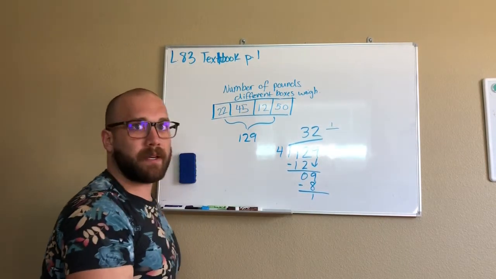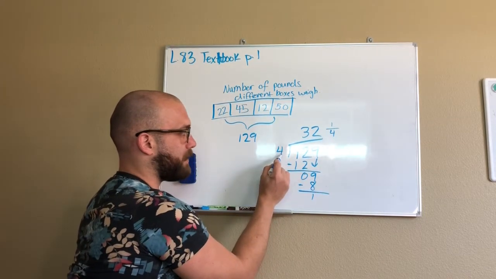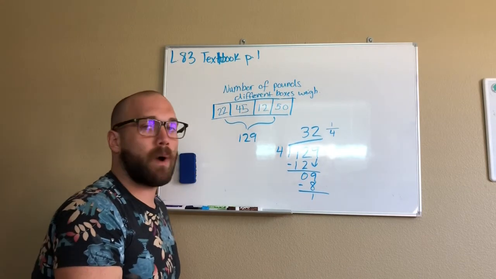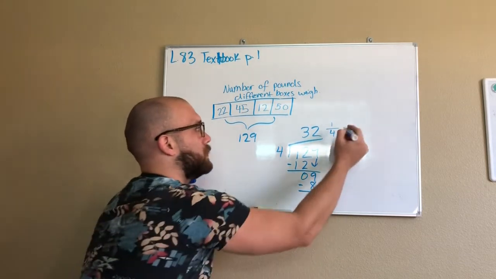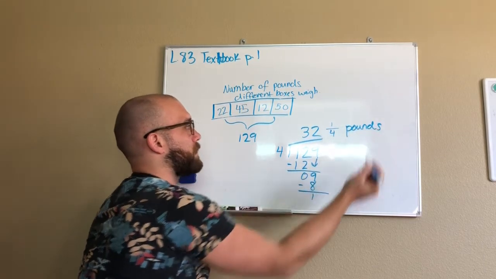And my denominator for my remainder is always the number I'm dividing by. 4 here, 4 there. So I know my answer is 32 1/4 pounds is the average.